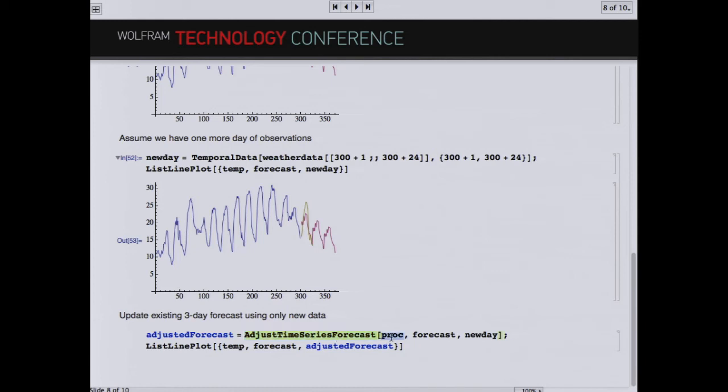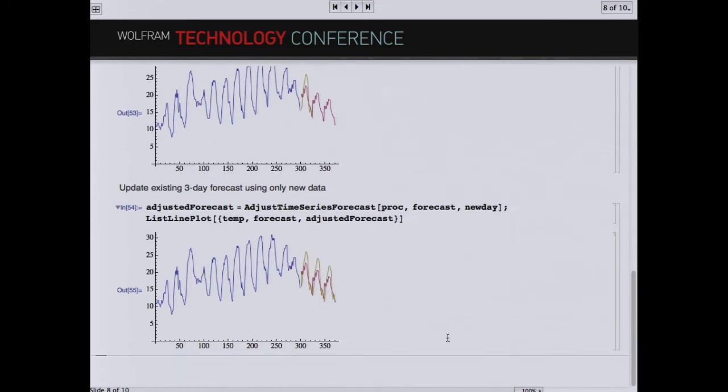What I give here is the same model that we were using, the forecast that we already did, and I'm adding the new information, which is the new day's data. And so our new forecast is all in yellow. Okay, and you can see that the first day, the first bump in the new forecast, is exactly the data that we inputted as new data here.